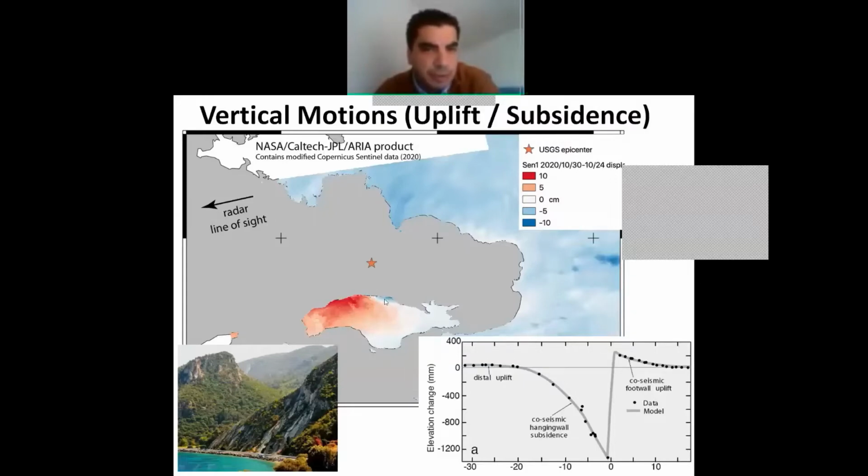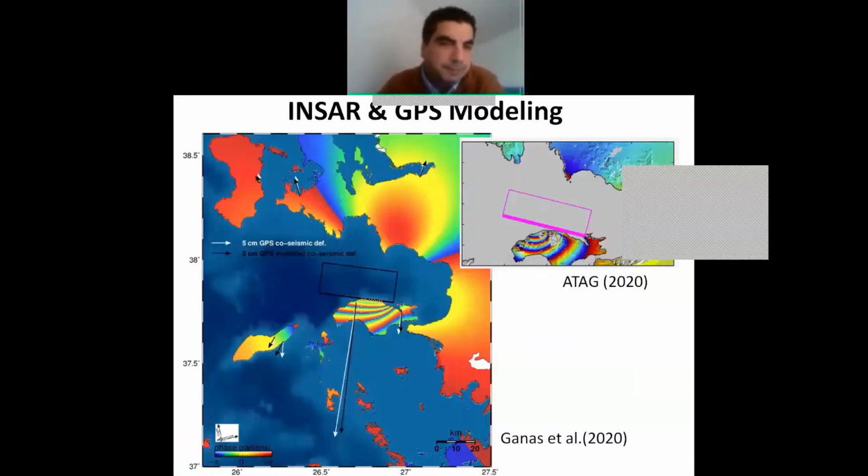This is the region where we see the subsidence reaching up to 10 centimeters, where a known fault is located, which I'm showing in the photograph. The uplift that we are seeing mainly in the western part of the island is basically due to the release of the load. You have a footwall uplift that was expected from this type of normal faulting.